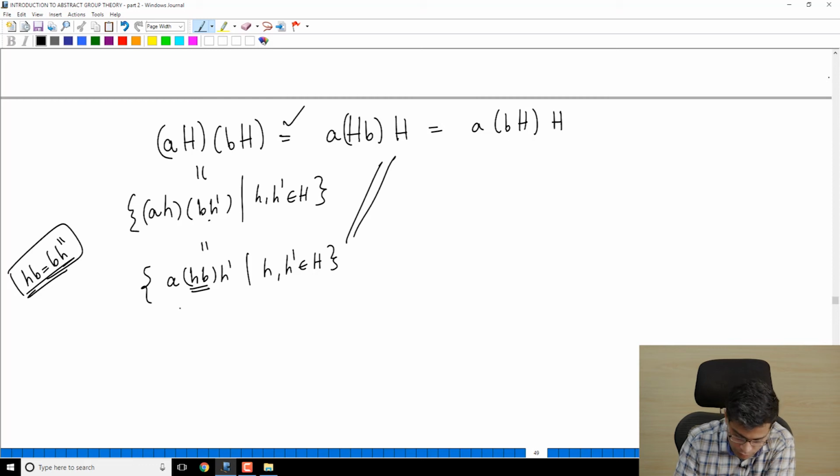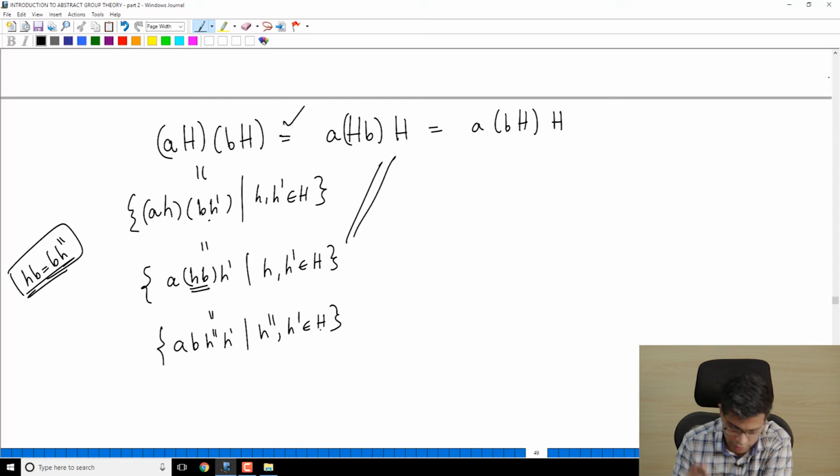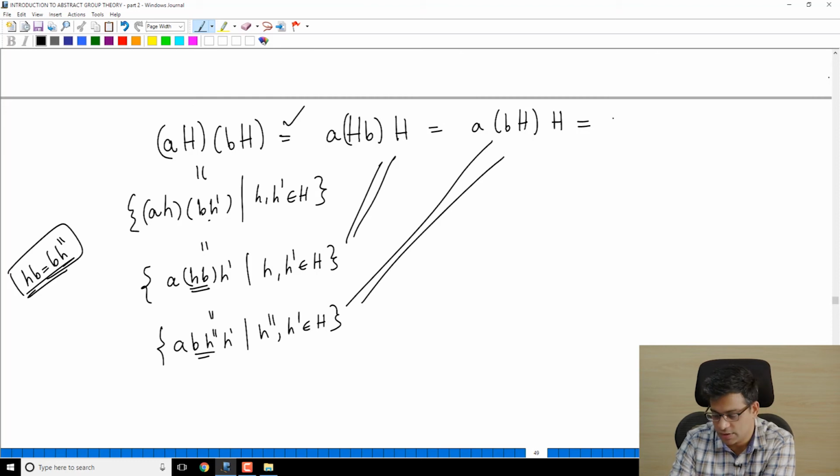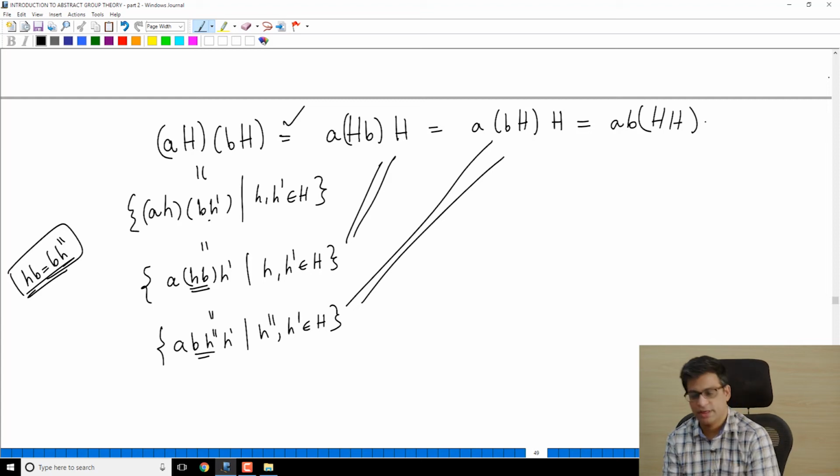In other words, I am saying that A, B, h double prime, h prime, with h double prime and h prime in H. So this part can be interchanged, switched like this. Now again using the same associativity, I can write this as AB times HH. But what is HH? If you think about it, it is nothing but H.